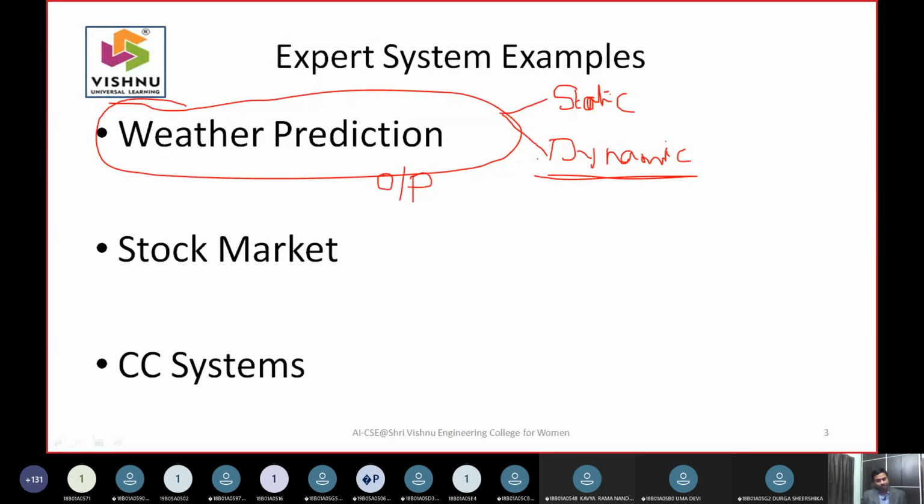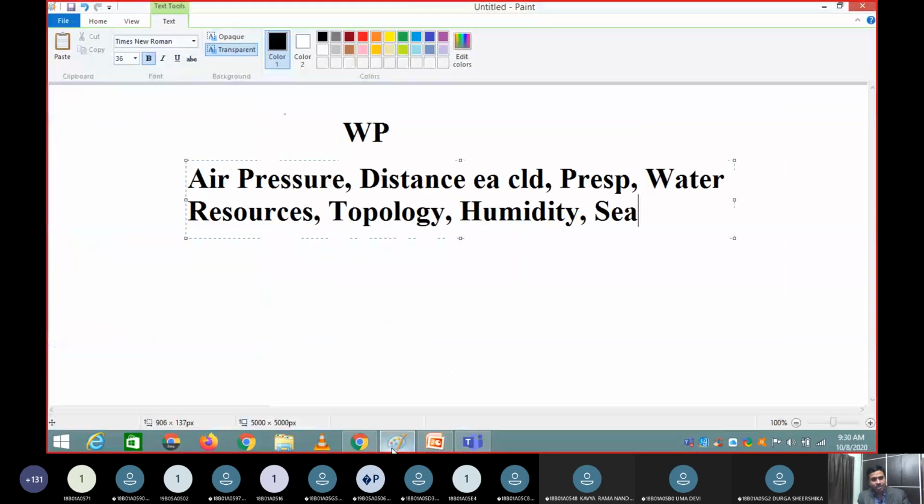Is the statement right? When I try to accommodate more dynamic parameters into the system, like air pressure, distance from the earth to the cloud, precipitation, water resources, topology, and humidity at this moment, does the usability of the system increase?